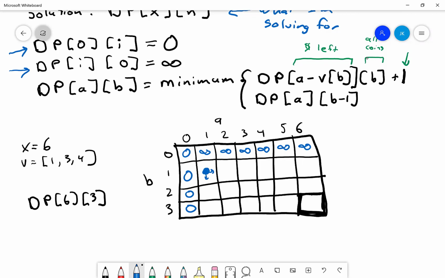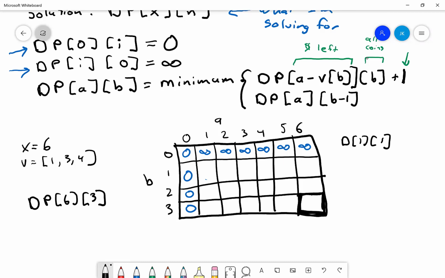It doesn't really matter. Either way should work. We know that because every cell is only looking at stuff above it or to the left of it, or both, everything this cell needs has already been filled in prior to this point. Okay, so in this case, and I'll write it over here at the side, we're looking to fill in dp of 1, 1.